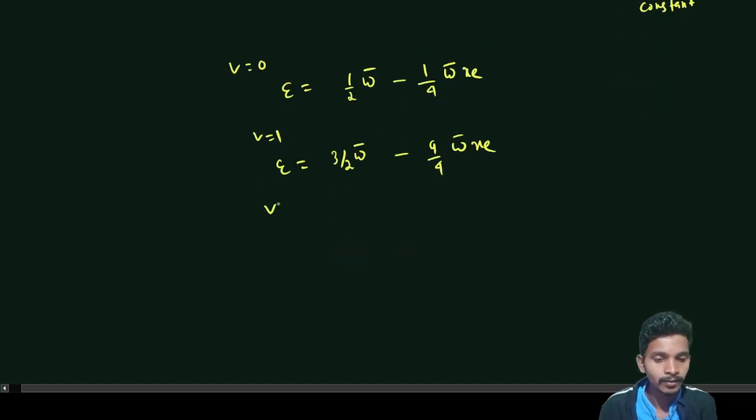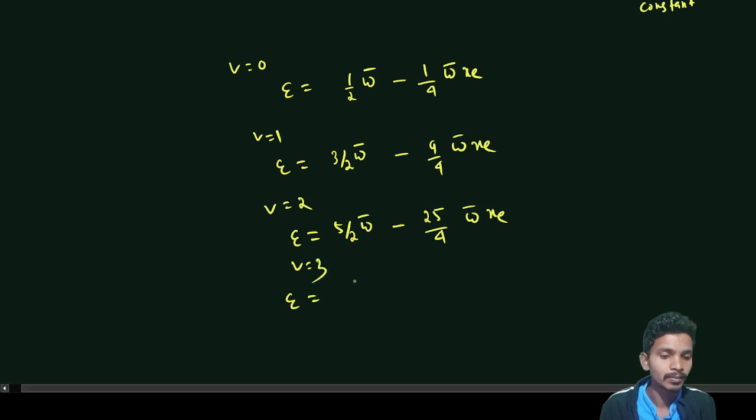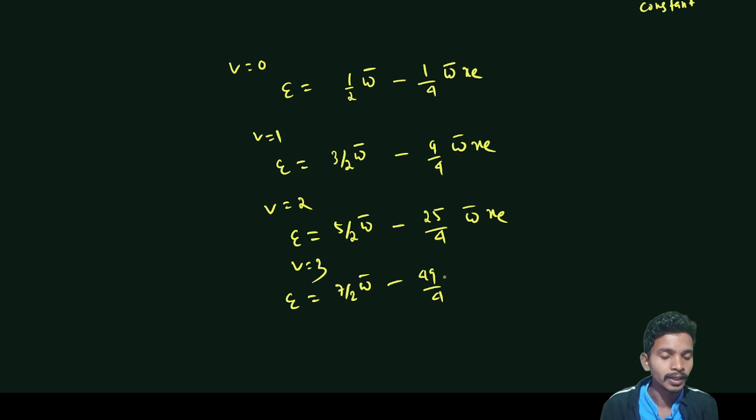Similarly if b equal to 2, then the energy is 5 by 2 omega, and this is the square of it, that is 25 by 4 omega xe. Similarly b equal to 3, then this will become 7 by 2 omega, and this is the square of it, that is 49 by 4 omega xe.